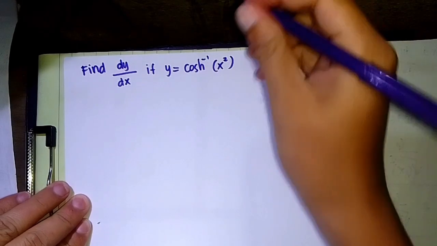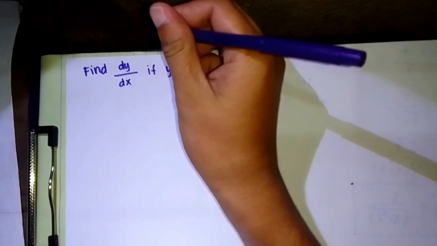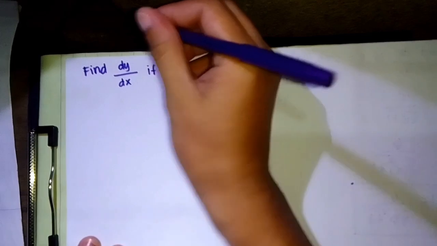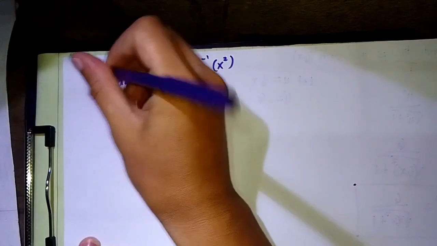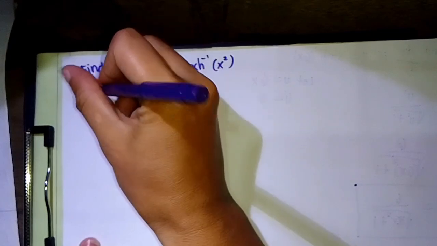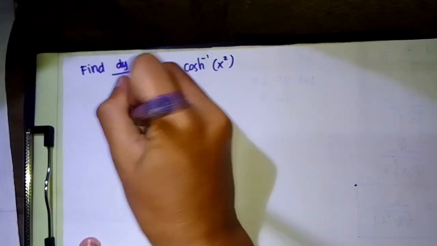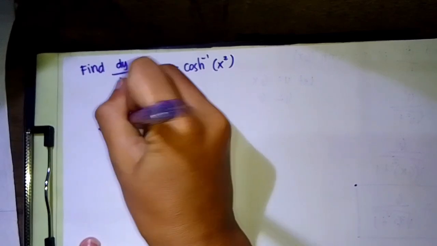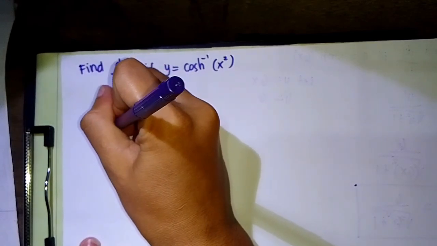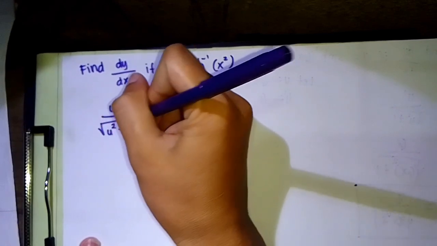Again, we use the formula first to solve this problem. Our formula is u prime over the square root of u squared minus 1.